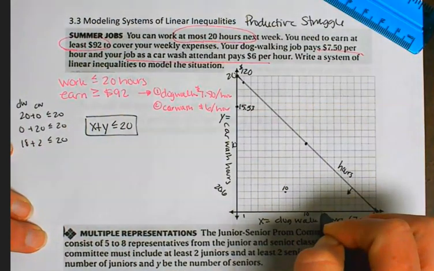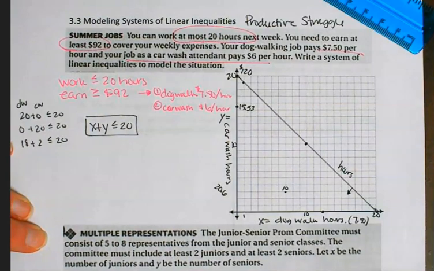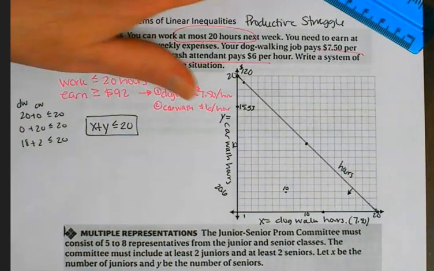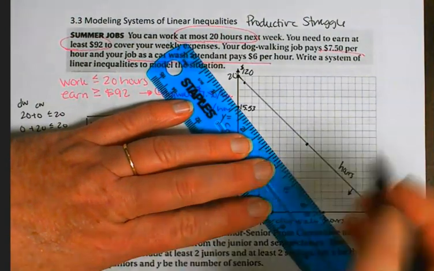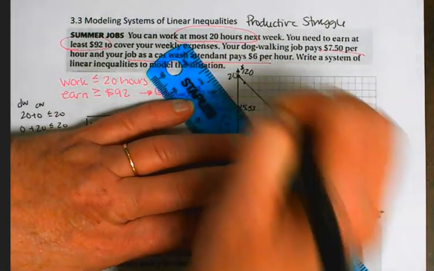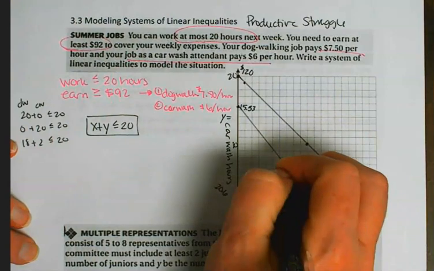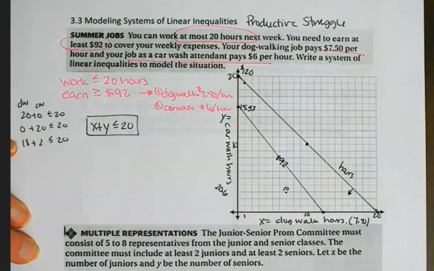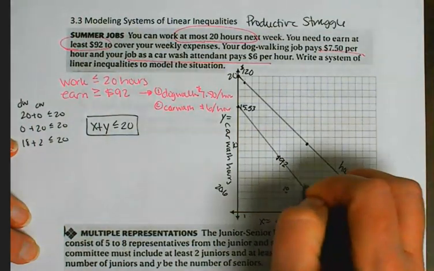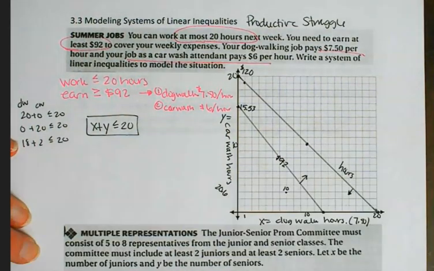So that's 10, 11, 12.2. So what I see now is that if I connect those 2 points, then this represents $92 exactly. And I'm trying to make more than that. So I'm going to try to make more than $92. More is up. So I'm going to go that way.